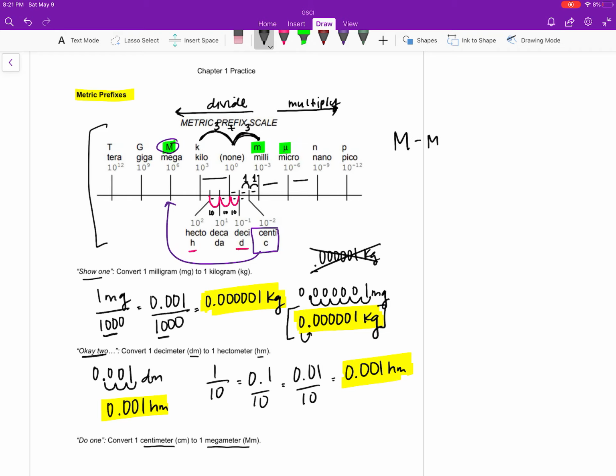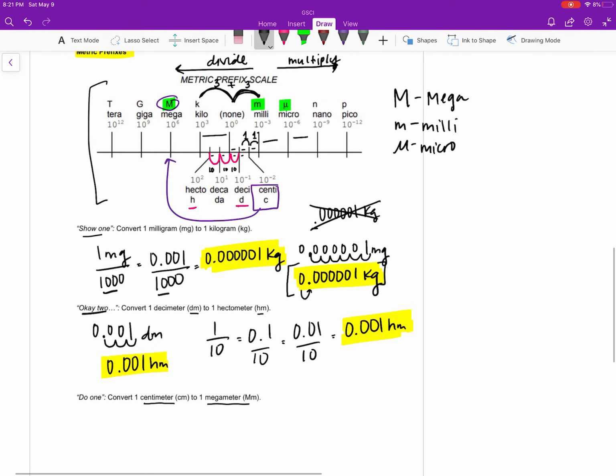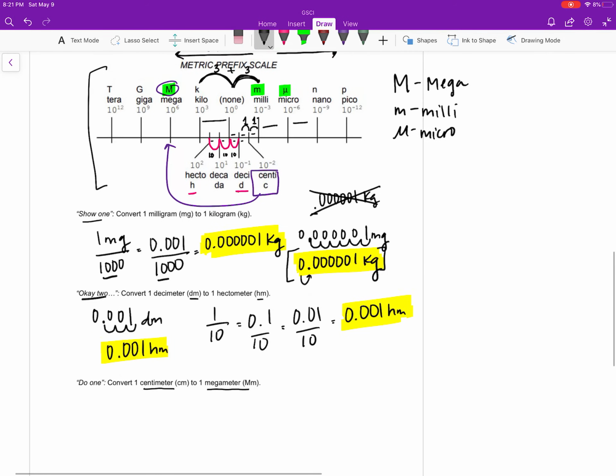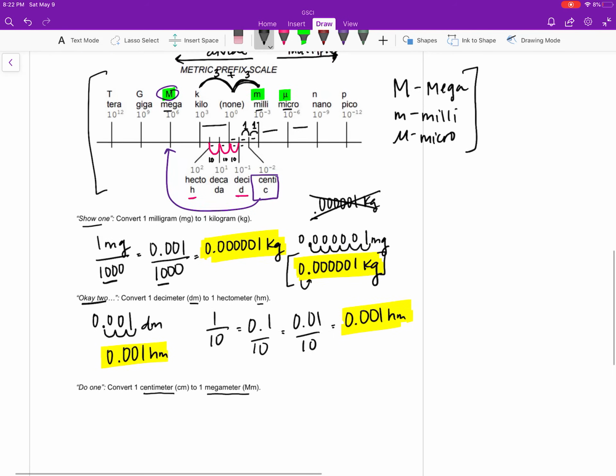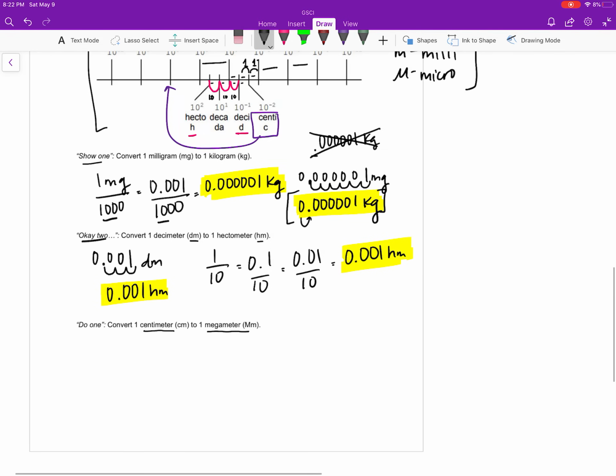We have capital M, which is mega, lowercase m, which is milli, and then this is a mu. It's a Greek symbol, but it stands for micro. It's kind of a cursive M, looks a little bit like a bird, maybe with an extra wing or 2. But there are 3 separate ones, and make sure you know we have mega, milli, and micro. They all start with M, but their prefix symbols are different.